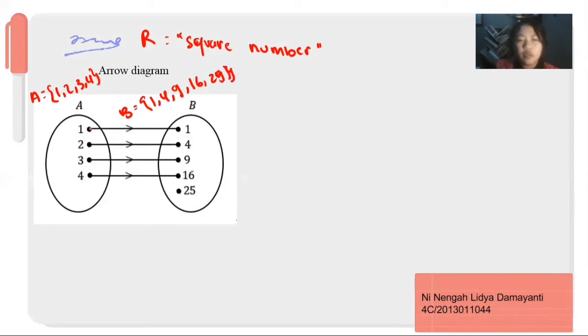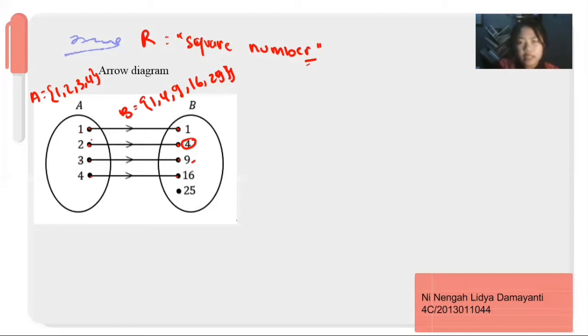Now, we draw an arrow from 1 to 1 because 1 is the square number of 1, and then an arrow from 2 to 4 because 4 is the square number of 2, and then an arrow from 3 to 9 because 9 is the square number of 3, and then an arrow from 4 to 16 because 16 is the square number of 4. Okay, that's for the arrow diagram.